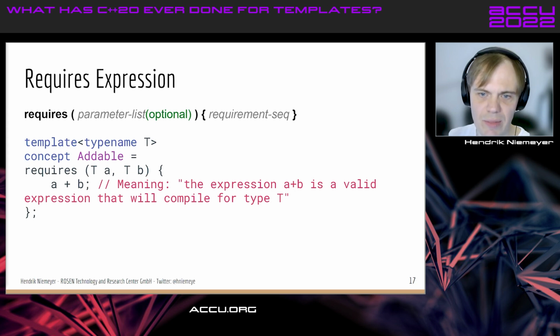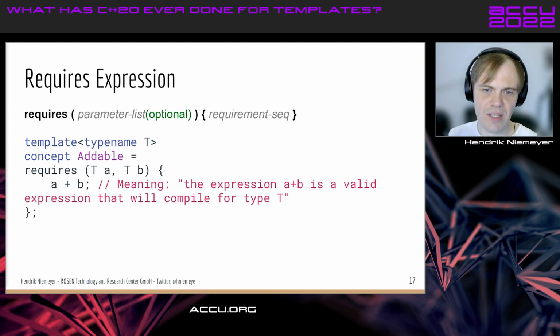And these requirements may refer to the template parameters that are in scope, local parameters introduced in the parameter list, and to any other declarations that are visible from the enclosing context. And what happens in this requirement sequence is that the substitution of template arguments into this requires expression may result in the formation of invalid types or expressions in the requirements or violation of semantic constraints of these requirements.